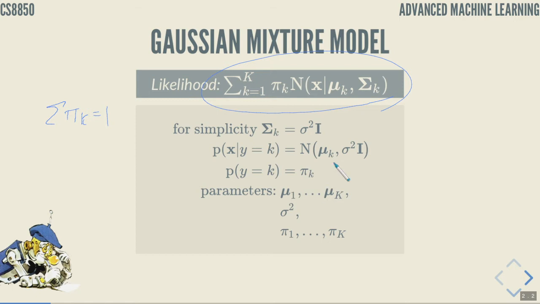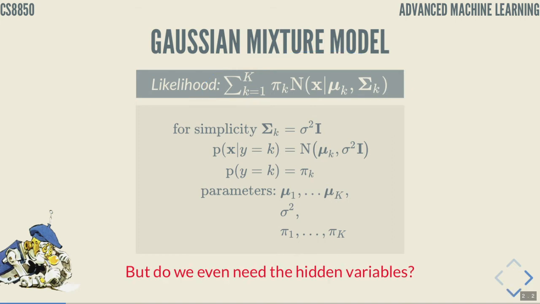The prior or marginal probability of getting a variable from this class is pi sub k. The mus, the means of those distributions, are parameters. And the rest, as I just said.